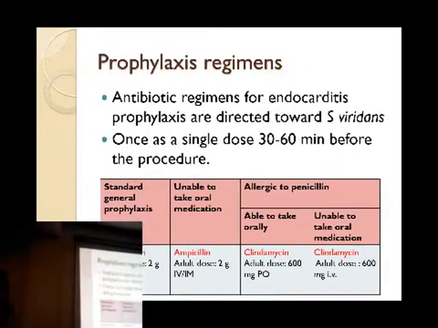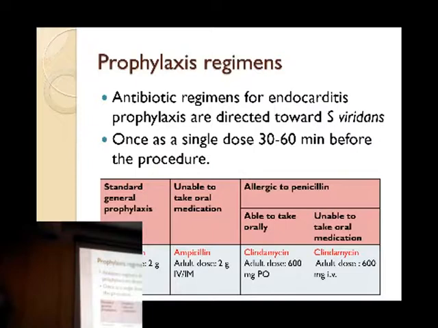So what are we using as prophylaxis? Mainly the prophylaxis is aimed at Strep viridans. It is given as a single dose 30 to 60 minutes before the procedure.